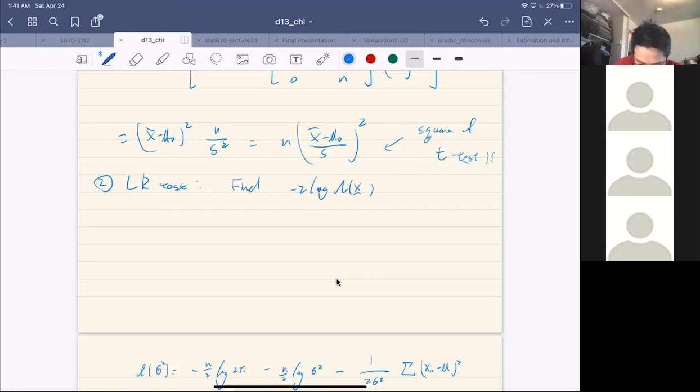We know this term is equal to the log of the numerator divided by the denominator, so it can be L theta hat null minus L theta hat.